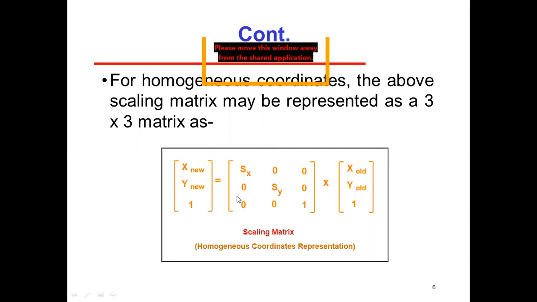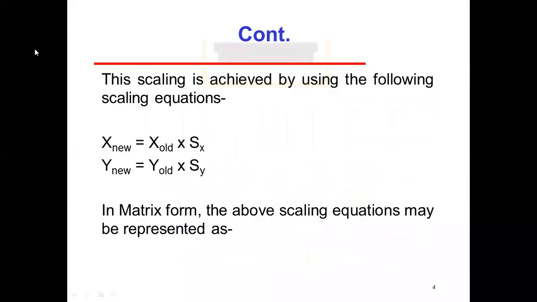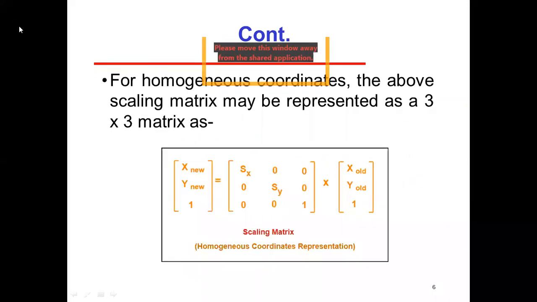So, x new, y new, 1 equals the matrix sx 0 0, 0 sy 0, 0 0 1, multiplied by x old, y old, 1. The 1 is the identity. Whenever you solve this matrix, you will get the same equations. You can solve it yourself.